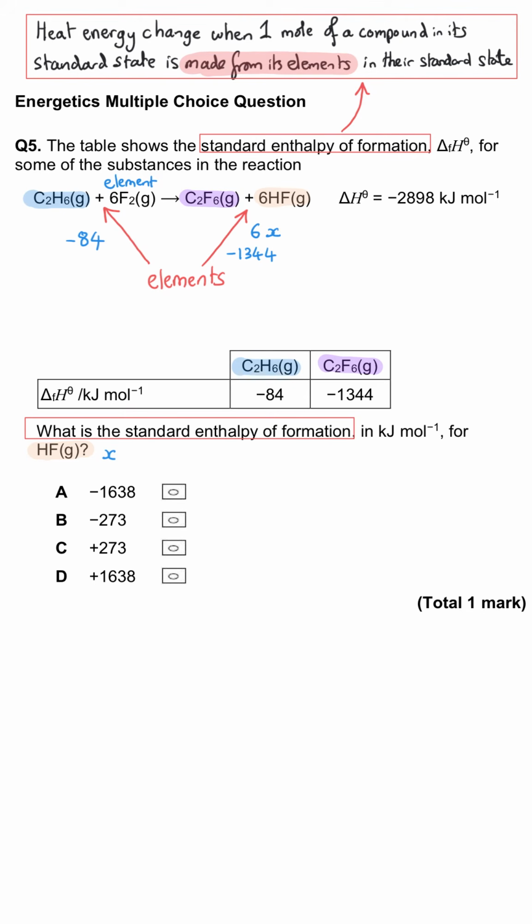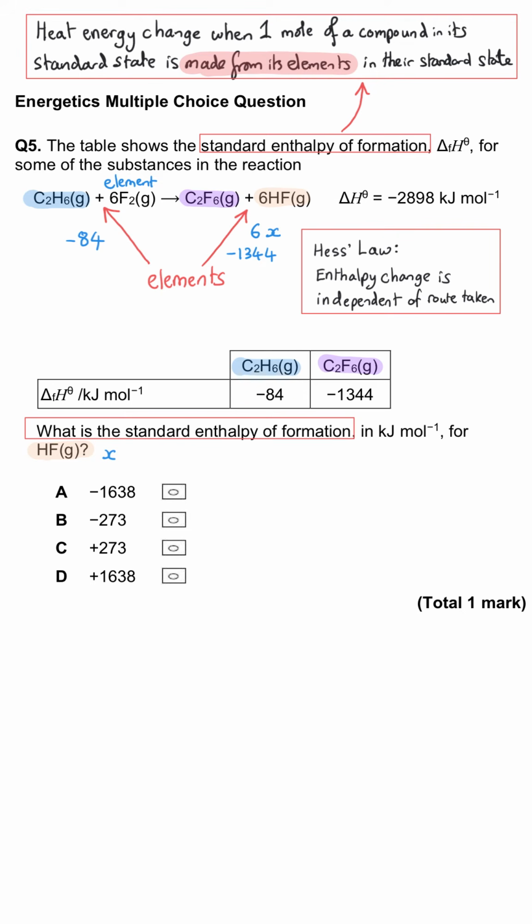And so when you're using a Hess cycle, you need to know that the enthalpy change is independent of the route taken. And when we use the Hess cycle, we need to know that the arrow that contains something that is unknown, in other words, this arrow that's going up from left to top right, is equivalent to going up to the reactants and then along to the products that way.